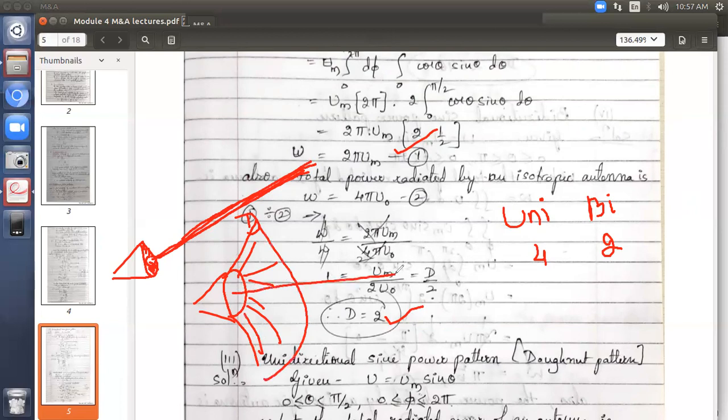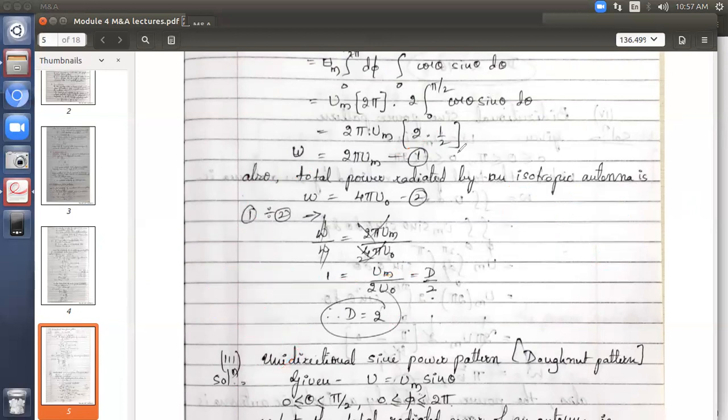However, not larger distances. No doubt it will spread around its surroundings, but it will not cover much distance. Directivity will become less. So unidirectional, more value. Bidirectional, you will get lesser value but more area coverage. So bidirectional will be half of the unidirectional. This is one observation you can make.